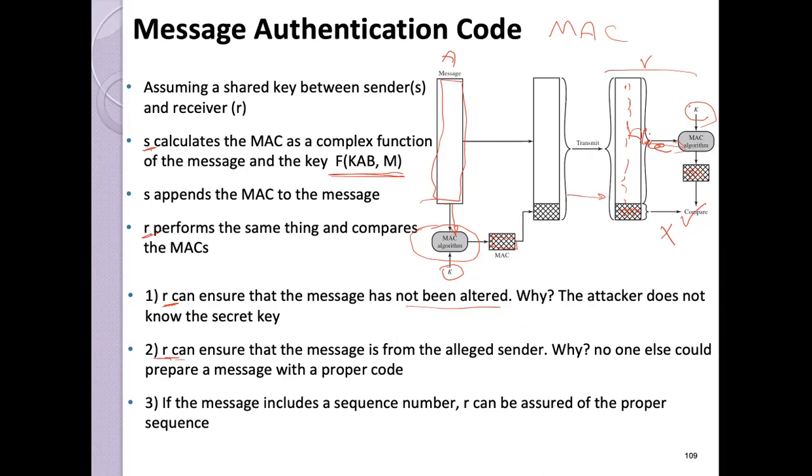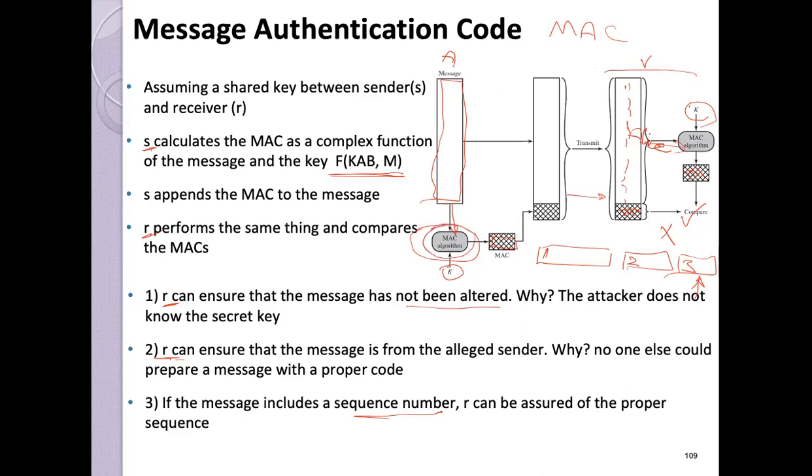And thirdly, if the message has a sequence number, the receiver can make sure this is the right piece of information it is waiting for. The receiver can then sort the pieces of information in the correct way. It first puts 1, then 2, then 3. Although 3 may have been received before 2, the receiver will be able to reorder them into the right order. So this is message authentication using MAC functions.